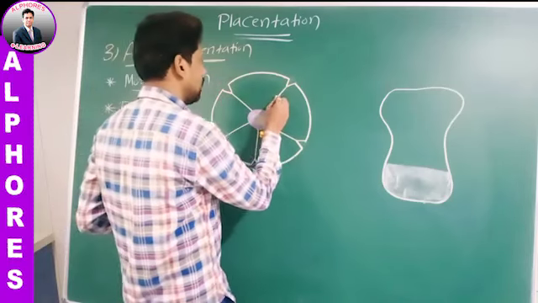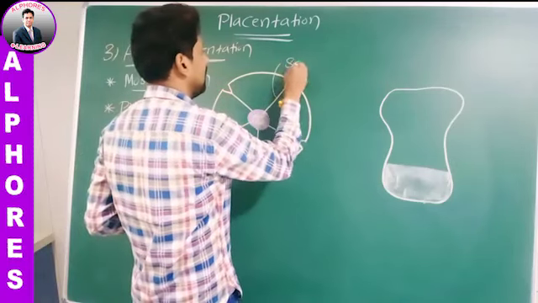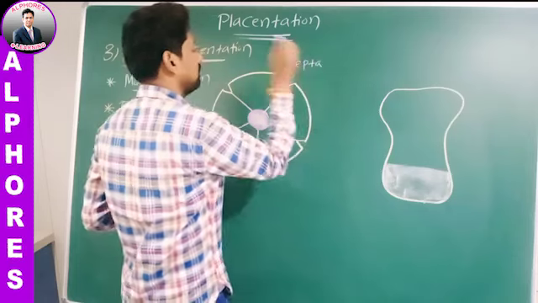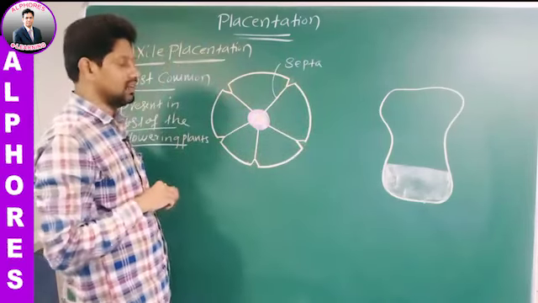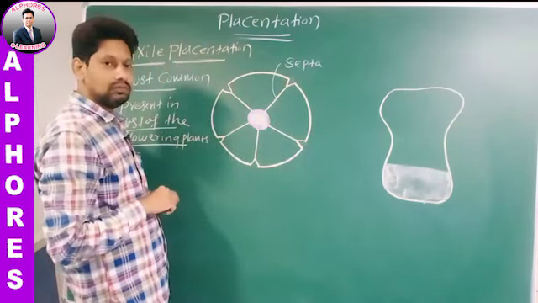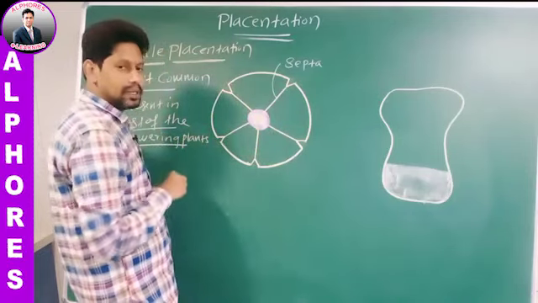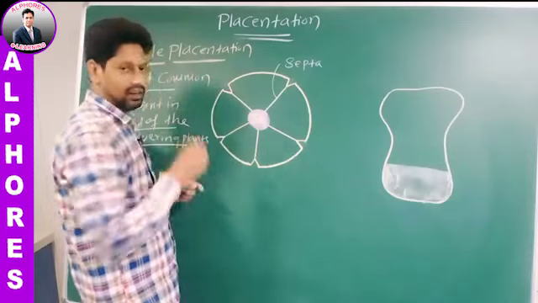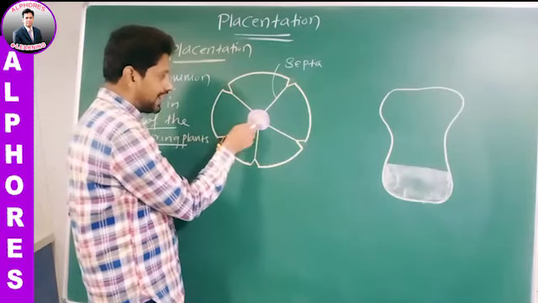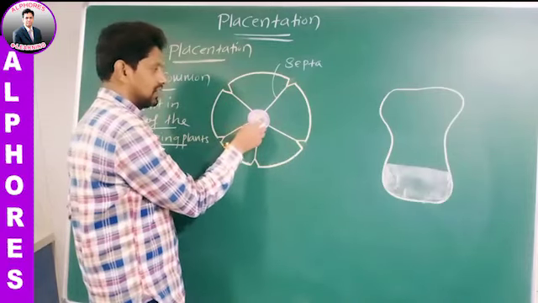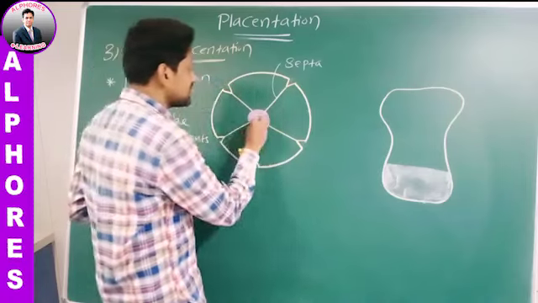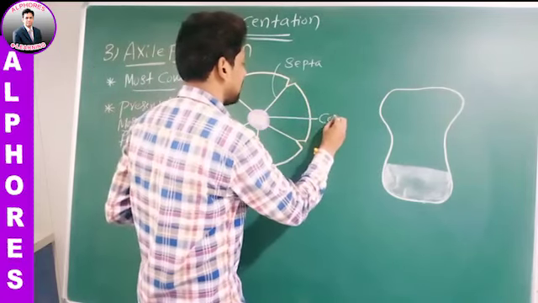All these are septa. All these septa are fused in the center and form one axis. I am speaking about this part, the axis. This axis is called the central axis.